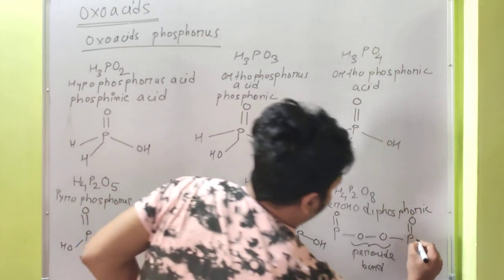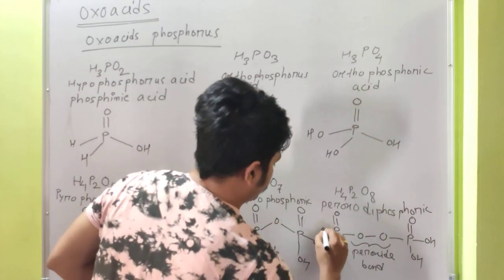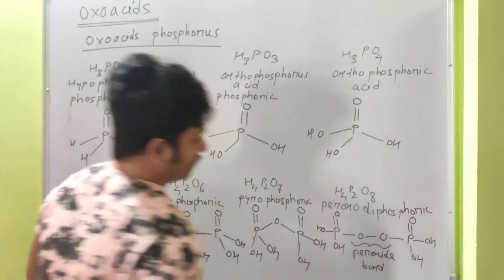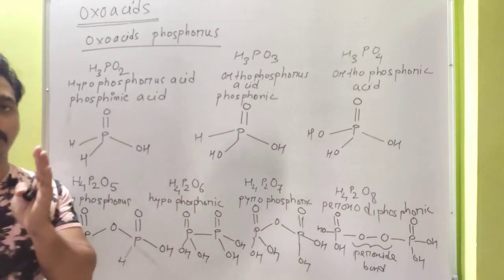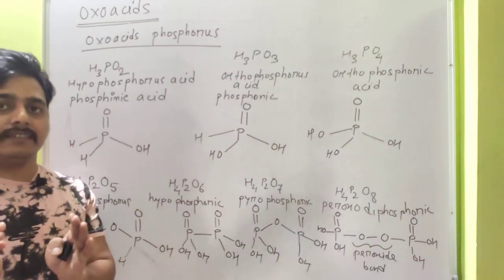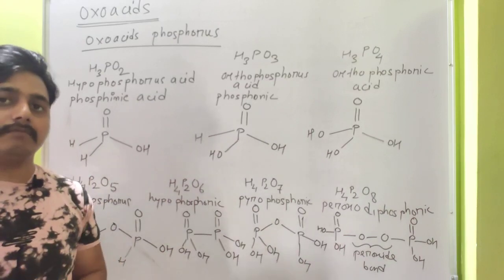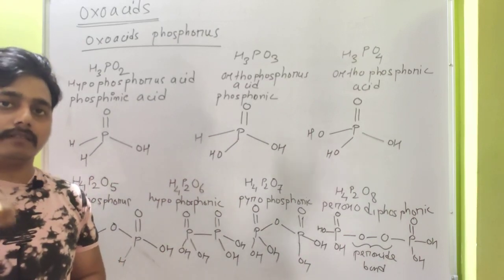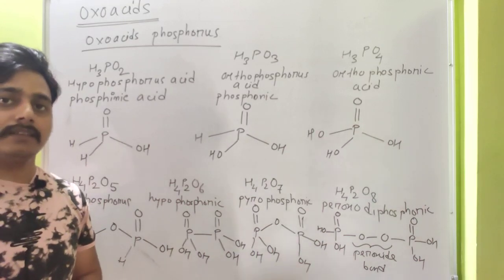So 4 OH groups. Very simple. You just need to place 1 double bonded oxygen, then look at the number of oxygens left, and then connect hydrogen if any hydrogen is left.